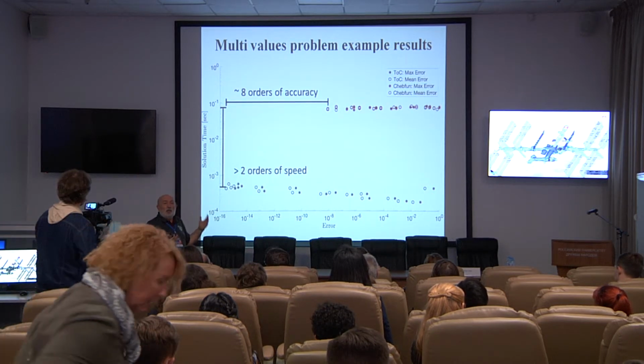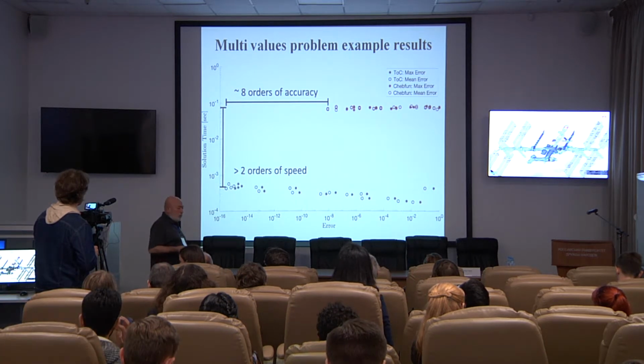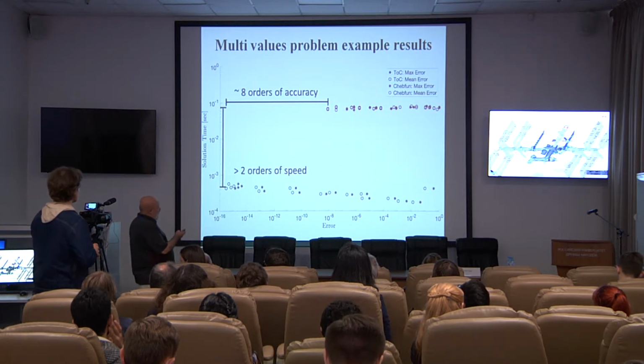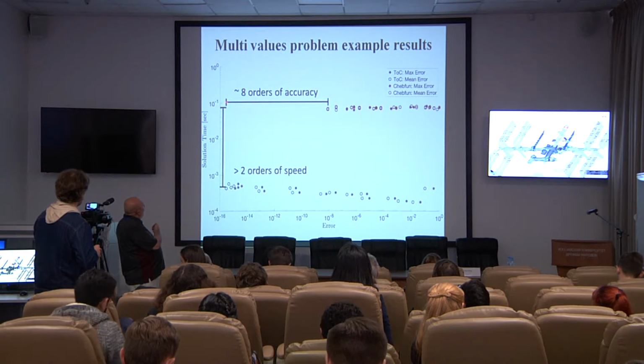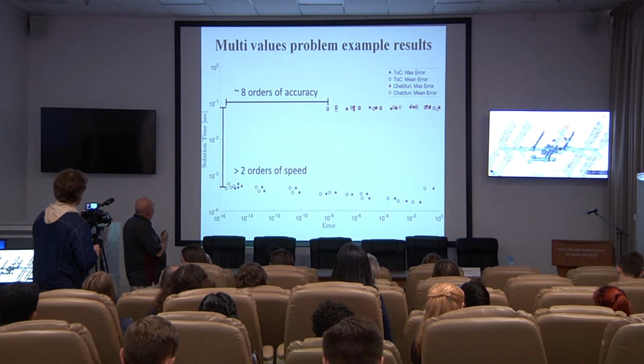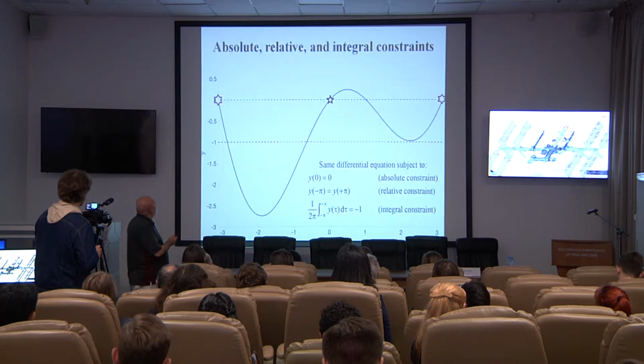It contains a spectral method with collocation points and various different kinds of things. And we experience 8 orders of accuracy gain in the solution and 2 orders of accuracy gain in the speed. So we obtain basically a machine error level of precision.